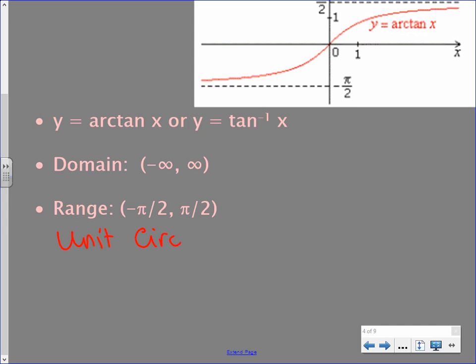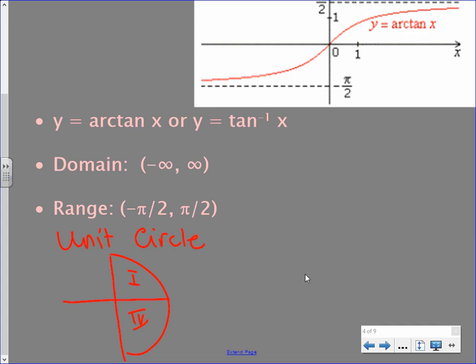Okay, so if we're thinking about the unit circle, just like in inverse sine, we are grabbing our outputs, positive angles in the first quadrant, negative angles in the fourth quadrant. And when I say negative angles, I'm talking about the angle measure is negative.